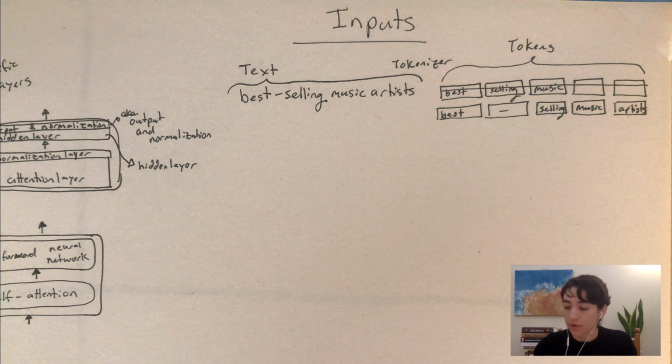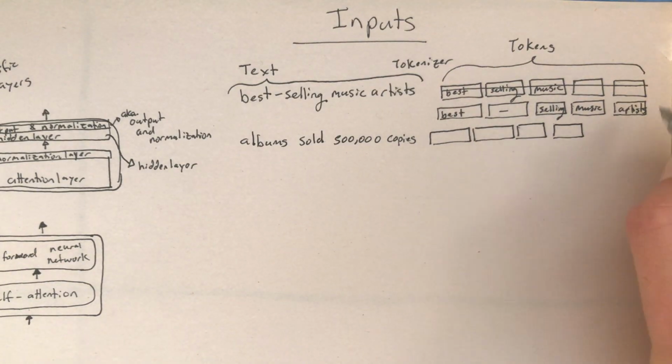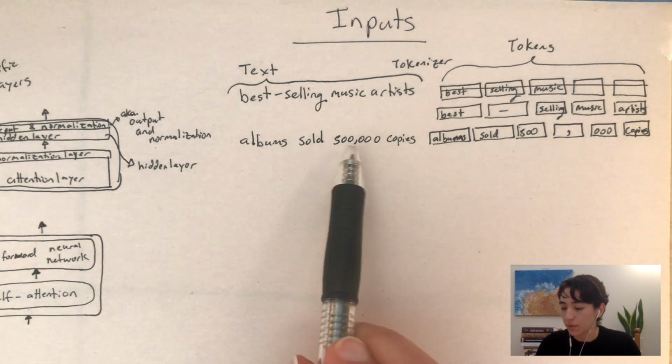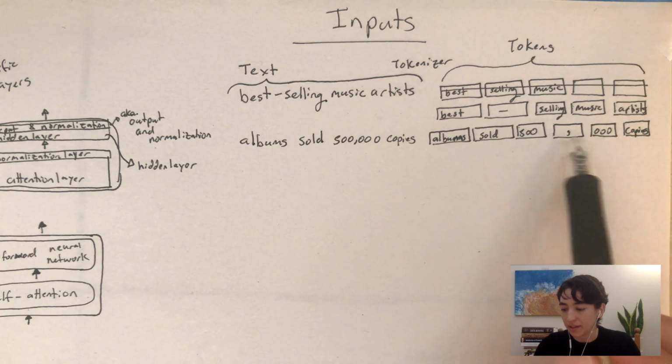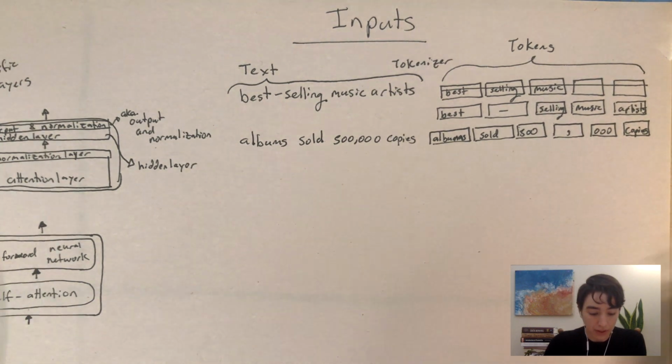While this example extracts out this dash as its own token, other tokenizers may just completely cut that out. And we can see this again here where 500,000 is broken up into 500, 000.